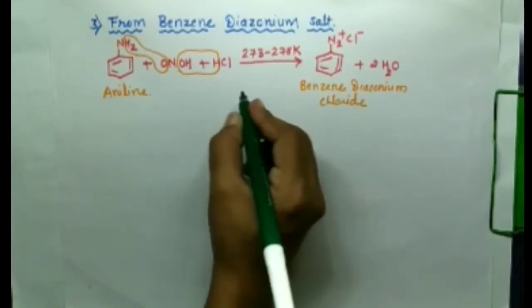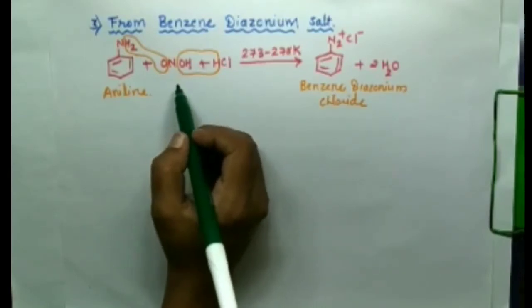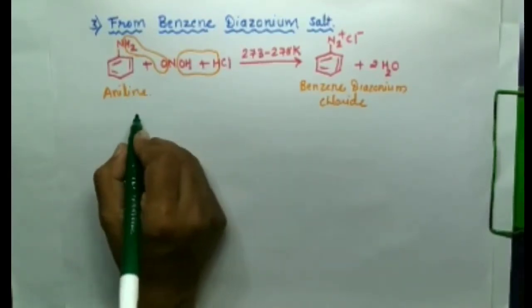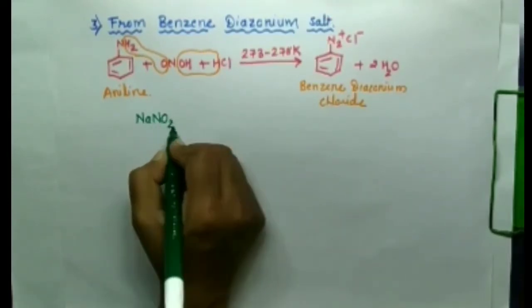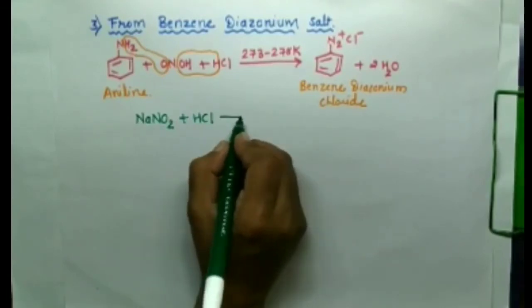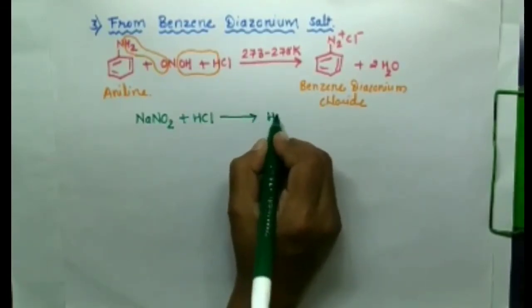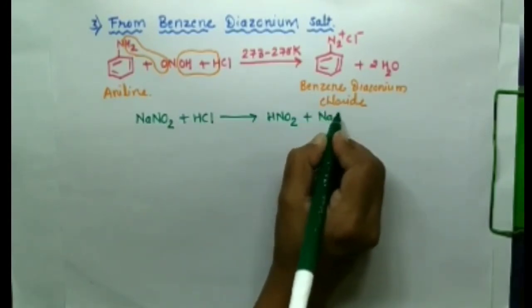So here how is this nitrous acid, that is HNO2, formed? When NaNO2 is mixed with HCl, we will get HNO2 plus NaCl.